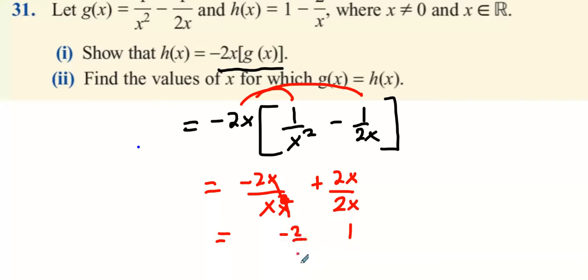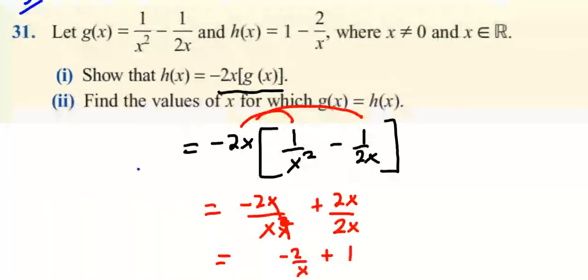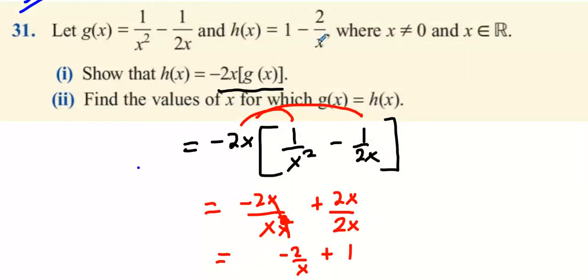Minus 2 over x. And is that the same as g of x? The same thing, isn't it? It's just the opposite way around. So it's 1 minus 2 over x, which in turn equals h of x. Are we cool with that? Okay. Yes.